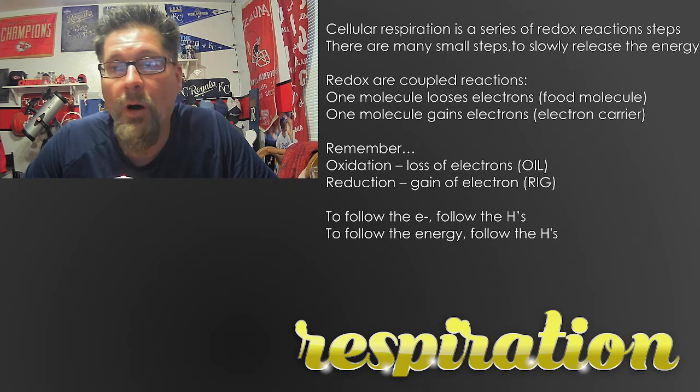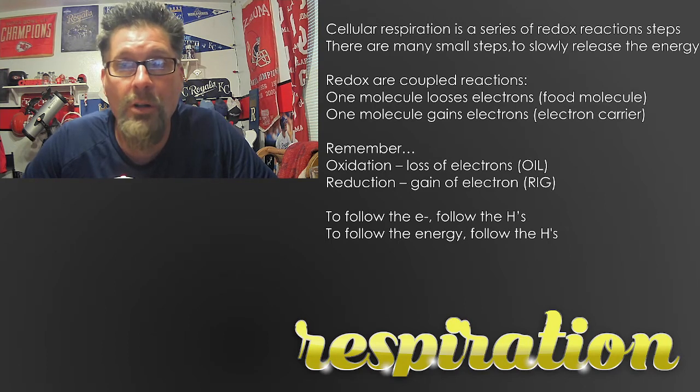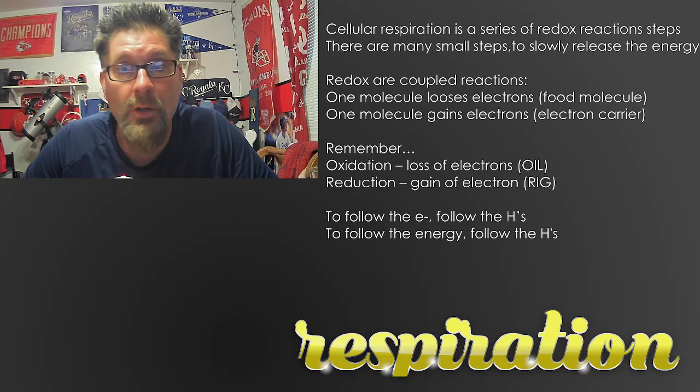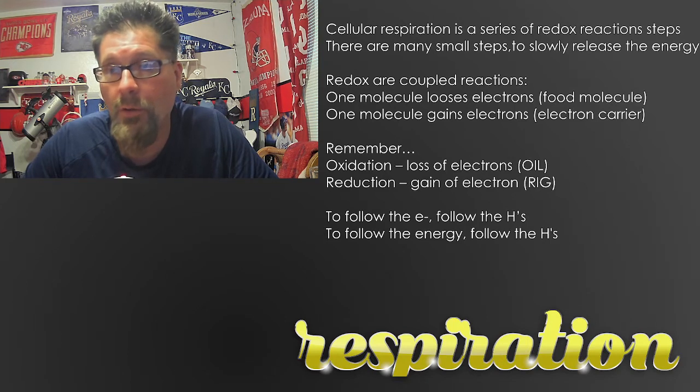So if one molecule is going to be losing the electron, as in glucose, the food molecule, then something is going to be gaining that electron. In this case, it's going to be the electron carriers that you'll be introduced to. We talked about them in 6, but now you're going to see what they're doing and why they're doing what they're doing.